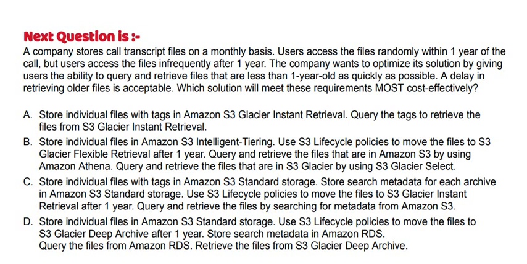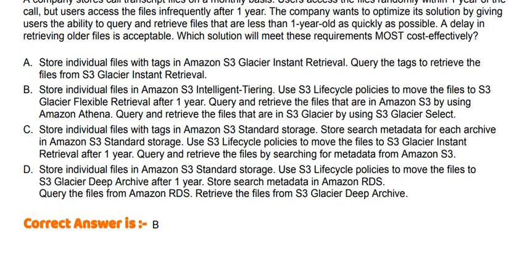And option D: store individual files in Amazon S3 Standard Storage. Use S3 lifecycle policies to move the files to S3 Glacier Deep Archive after 1 year. Store search metadata in Amazon RDS. Query the files from Amazon RDS. Retrieve the files from S3 Glacier Deep Archive. The correct answer is option B.